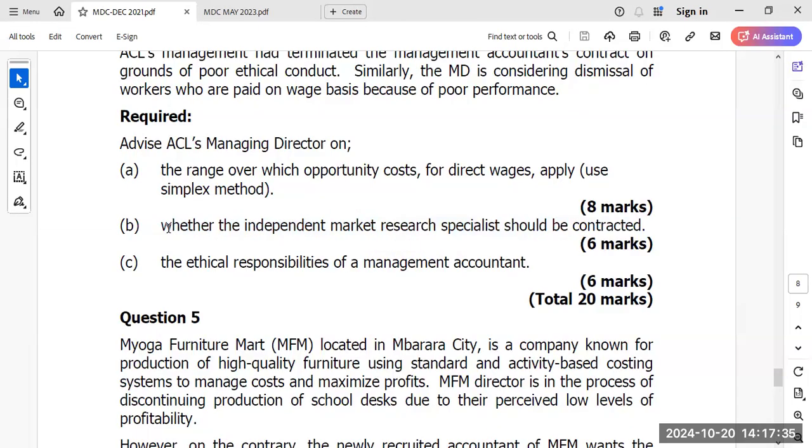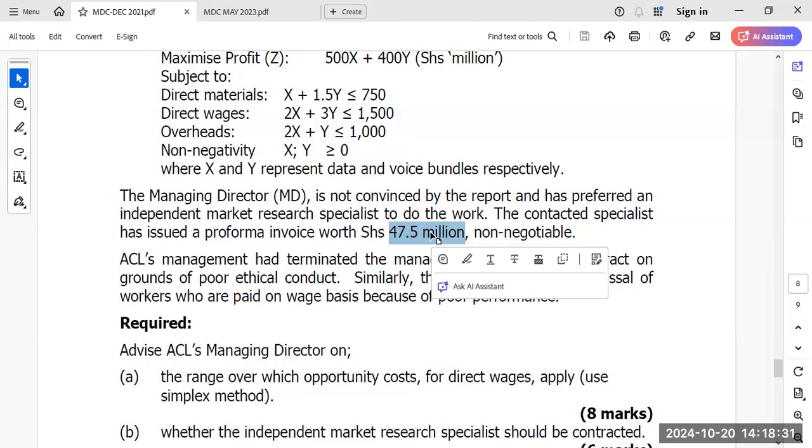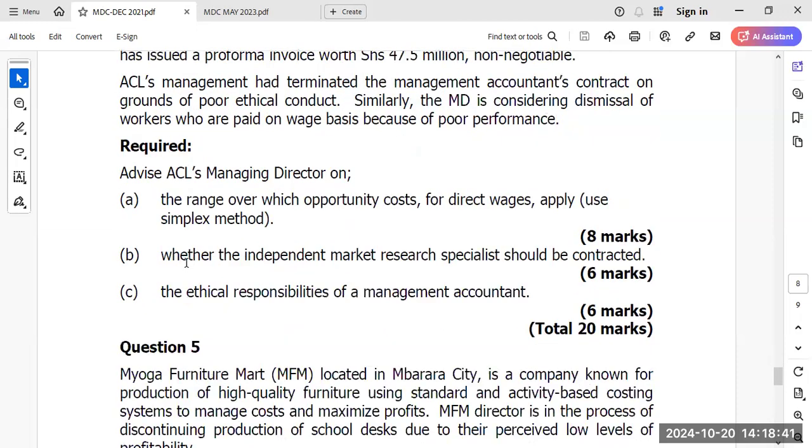Part B is the decision analysis question, whereby you will be required to look for the value of perfect information, compare it with the cost of hiring a specialist, then advise accordingly. Can this company hire a specialist to do the work?